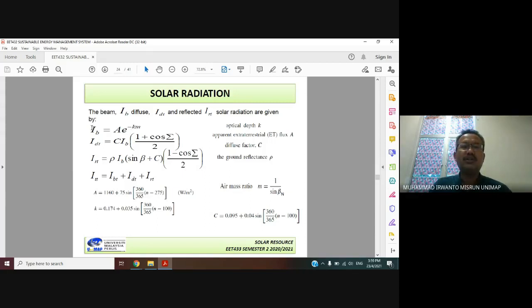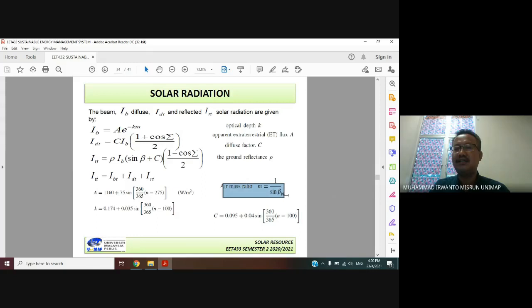For the beam solar radiation, IB is equal to A multiplied by e power minus km. K here is the optical depth, e is exponential, and m is the air mass factor, equal to 1 over sine beta n.